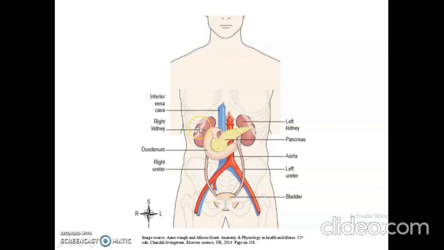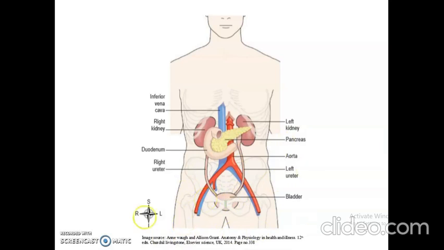The functions of the organs of the urinary system: the first one, the kidneys, are actively involved in the formation of urine. The ureters collect the urine that is formed in the kidneys and carry it towards the urinary bladder. The urinary bladder acts as a temporary reservoir.